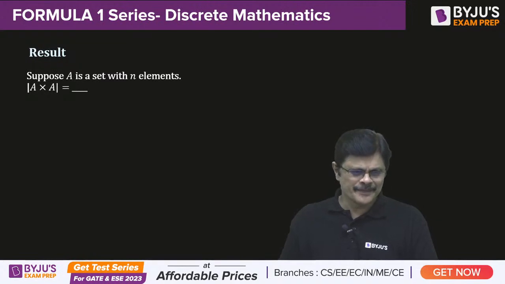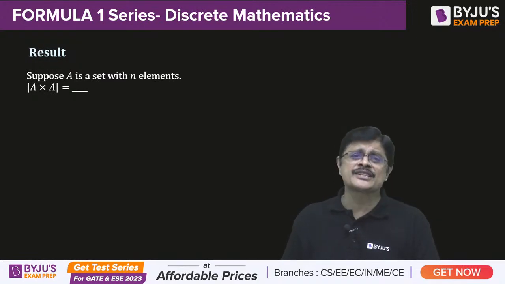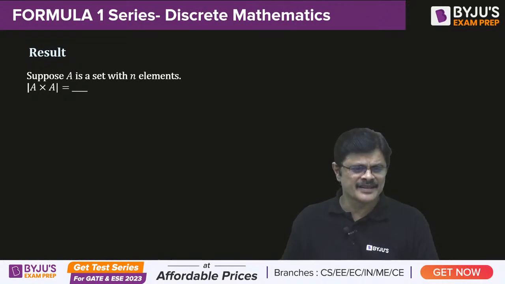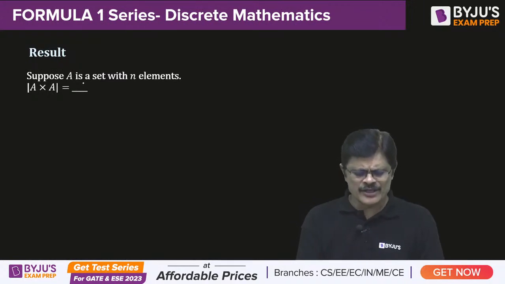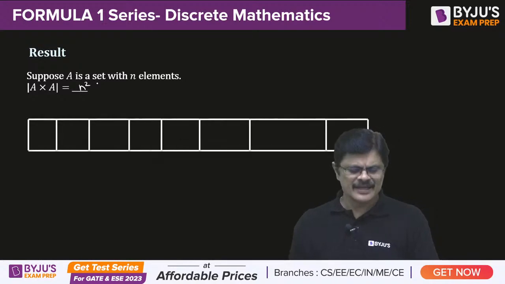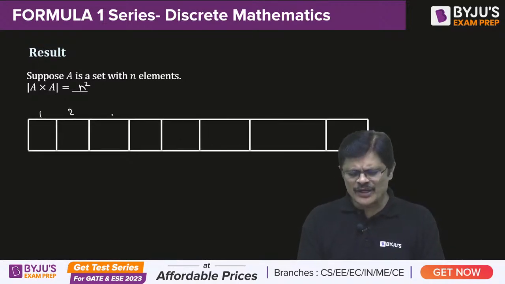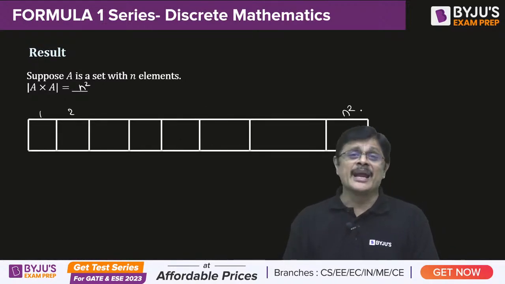Now look here, sir. Suppose A is a set having n elements. How many elements does A cross A contain, my dear friends? See, we all know it. A cross A contains n square elements. See, these are the n square elements: 1, 2 and so on, up to n square. What about the number of relations?